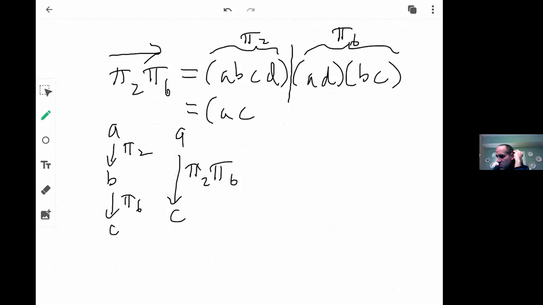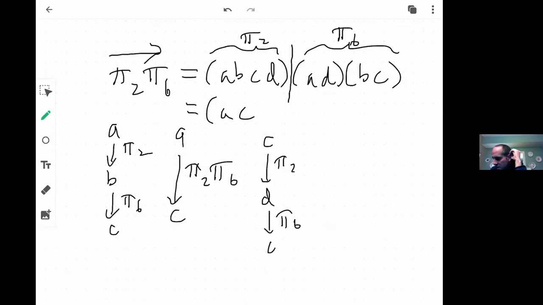Now what happens when I do this with C, just to make sure we're on the same page? Where does C go? If I apply pi 2, C goes to D, and then if I apply pi 6 after that, where does D go?